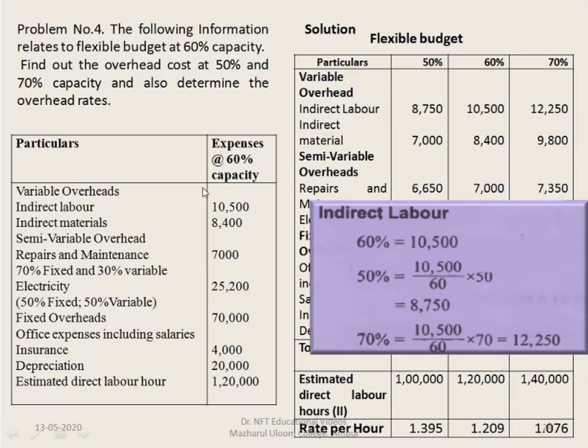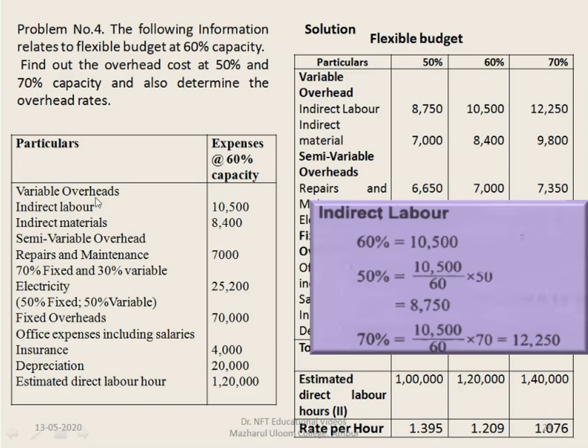Now let us see problem number 4. The following information relates to flexible budget at 60% capacity. Find out the overhead cost at 50% and 70% capacity and also determine the overhead rates.